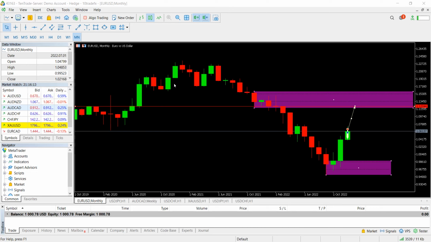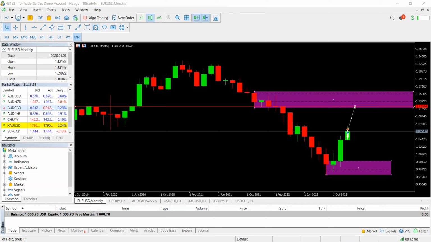Like I said, you want to map out the last up candle before the reversal, the last bullish candle before the reversal, and then you want to take into consideration the beginning, the wick.